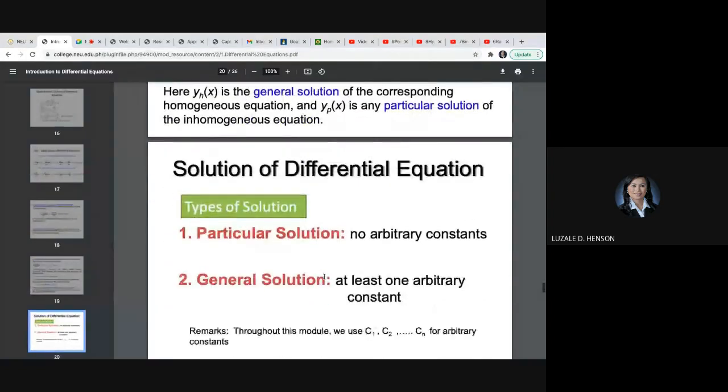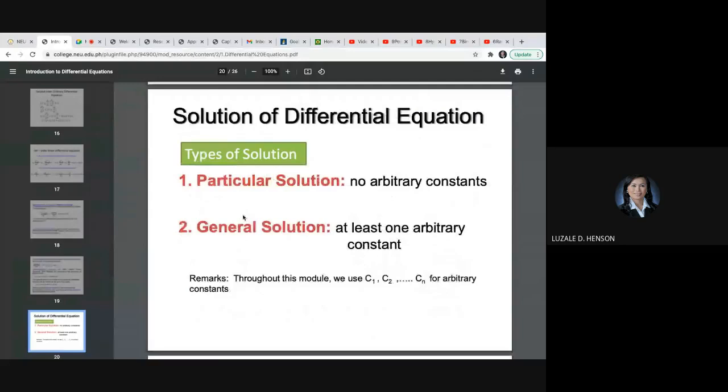Solutions. Ito, solution tayo. Solution of a differential equation could be a particular solution. You may express it if there is an initial condition. There is no arbitrary constants. Ano yung arbitrary constants? Yun yung after integrating, meron kang c. Kung isang beses ka nag-integrate, tawagin mo yung c.